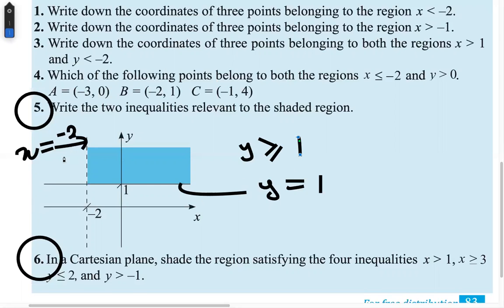And if you consider the x-axis, what about x? Is it equal? No, but it is higher than -2, right? Okay, so write down two inequalities relevant to the shaded region. So you can write these two: y is greater than or equals to 1, and x is greater than or equals to -2.